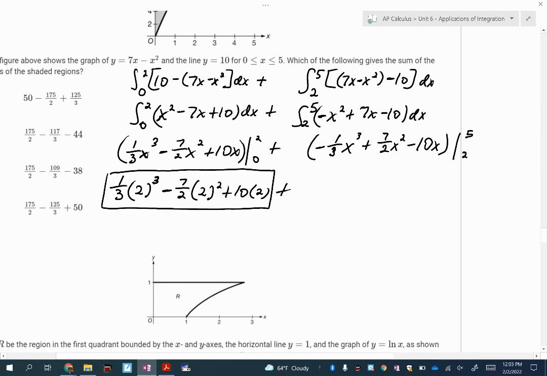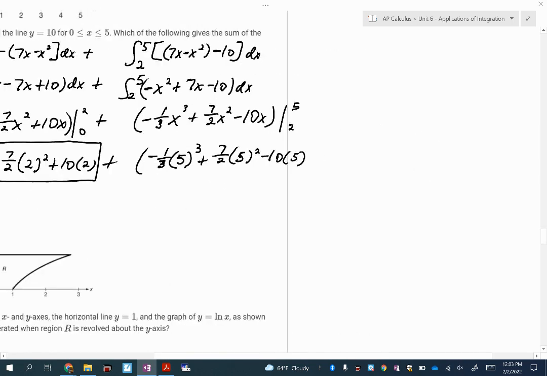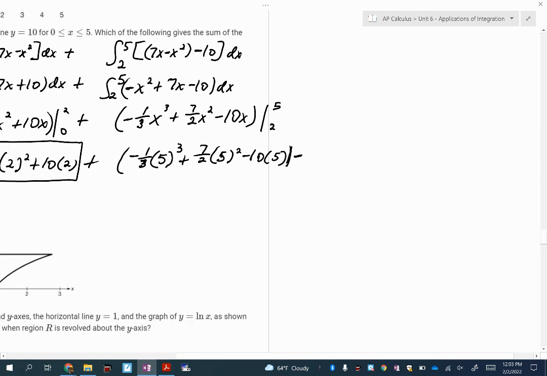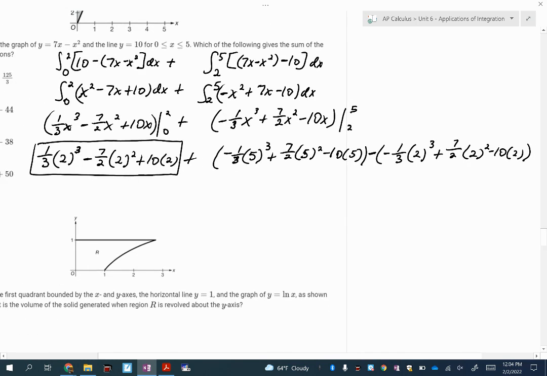Plus, here's my next one, negative 1/3 times 5 cubed plus 7/2 times 5 squared minus 10 times 5. All of that minus negative 1/3 times 2 cubed plus 7/2 times 2 squared minus 10 times 2. That's kind of like my second piece, okay?